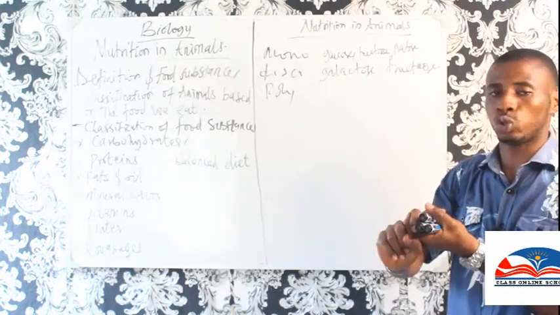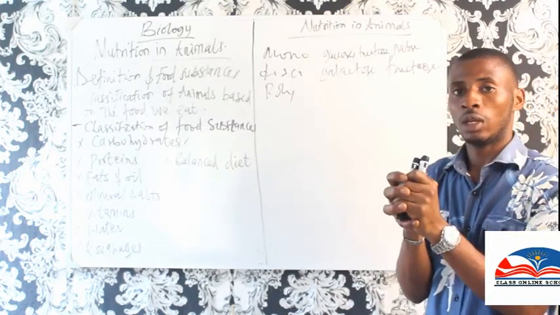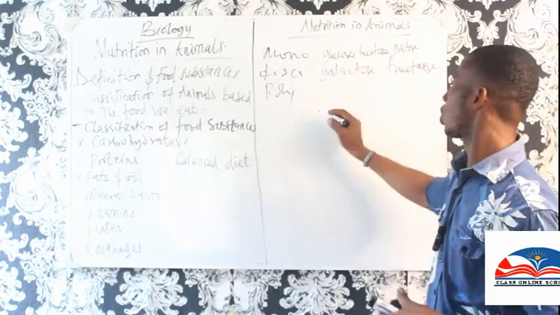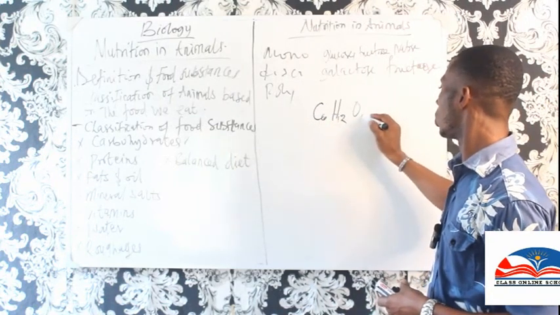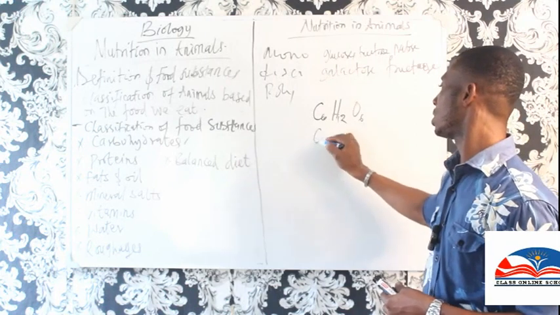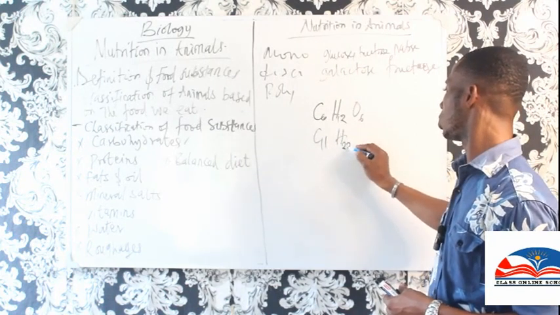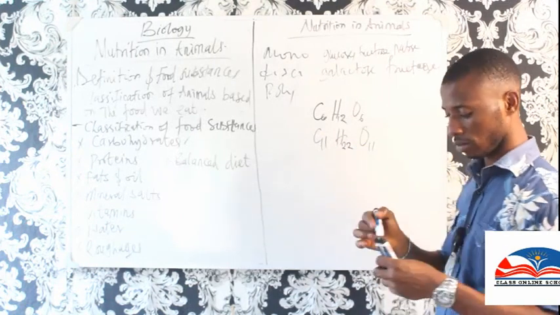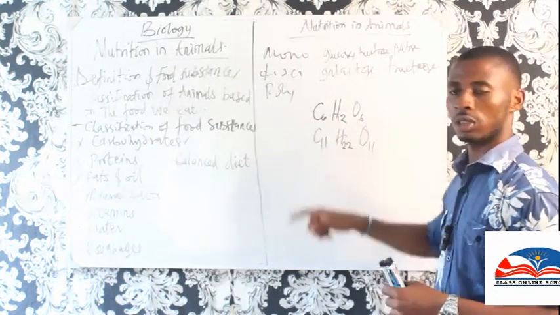They are 2 simple sugars joined to form 1 sugar. If glucose is C6H12O6, then these are C11H22O11, double of this.